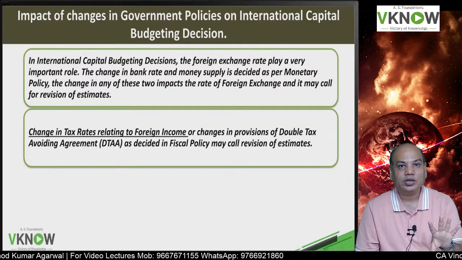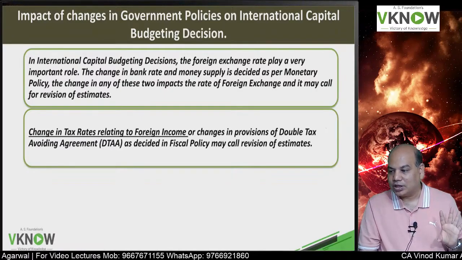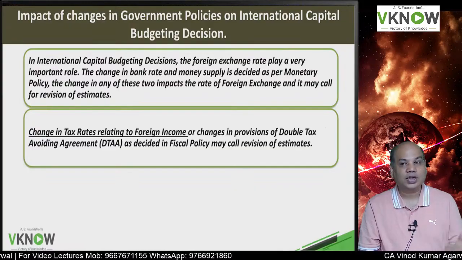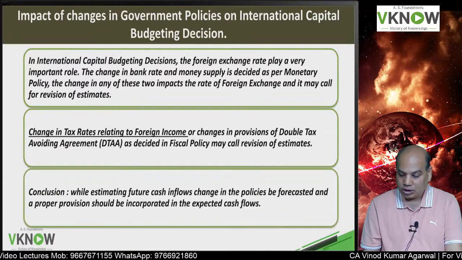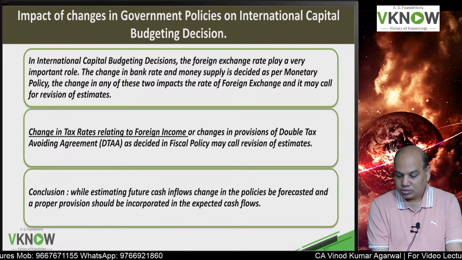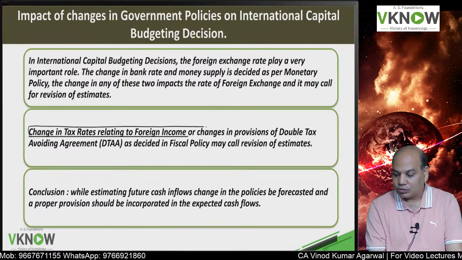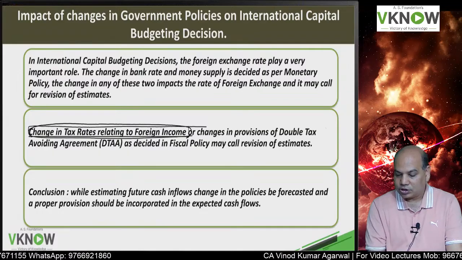So that can affect your net cash flow after tax. But if there is a DTAA, then your tax liability is reduced. Another is, if you have heard about change in tax rate relating to foreign income, it can affect your cash flow.